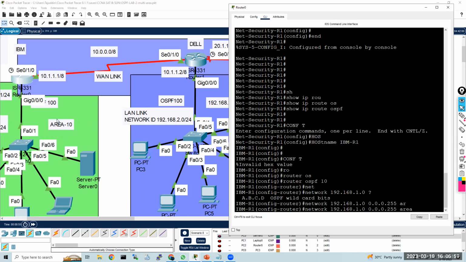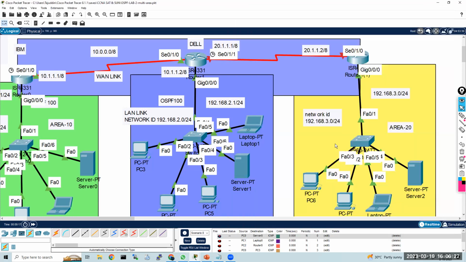Area 10. Area 10, man. See the topology. You can see my cursor. Okay, this is area 10, not area 0. Area 0 is only the blue color. The blue color should be only in area 0. The green color is area 10. Same like yellow color is area 20.